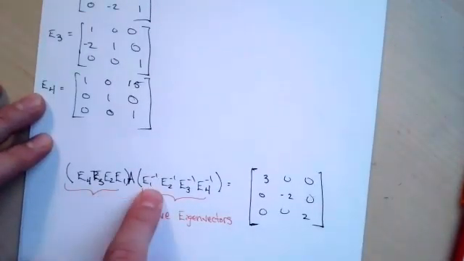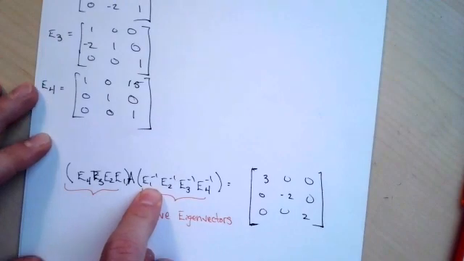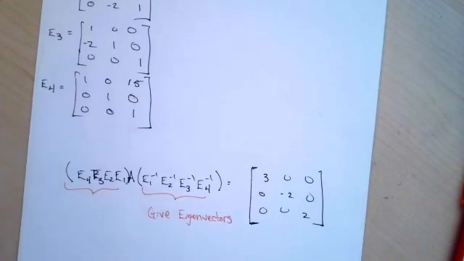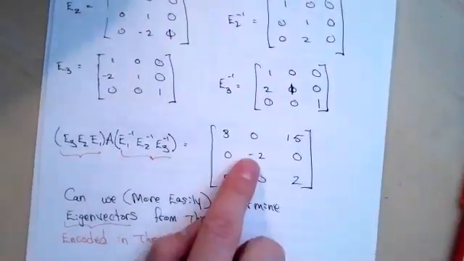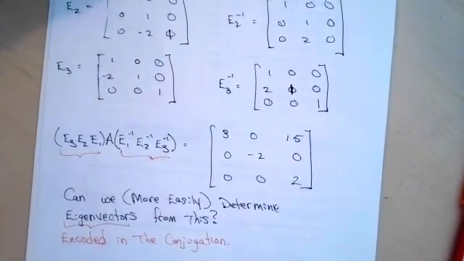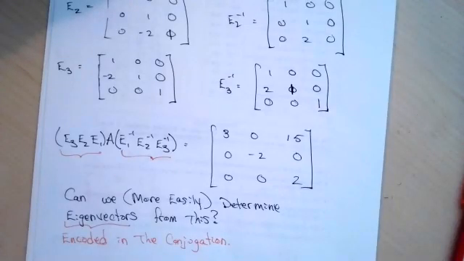We applied that on the left and similarly applied the inverse on the right. And through this process, we were able to get to a triangular matrix. And that was really nice, and that allowed us to find the eigenvalues for this matrix.